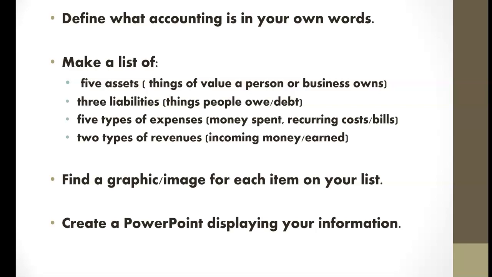It says a PowerPoint on here, but you can create a poster or whatever that shows each of your different account types: assets, liabilities, expenses, and revenues. Then list each of those things and find a graphic or image that matches the items on your list. Okay, that is accounting activity number 1.